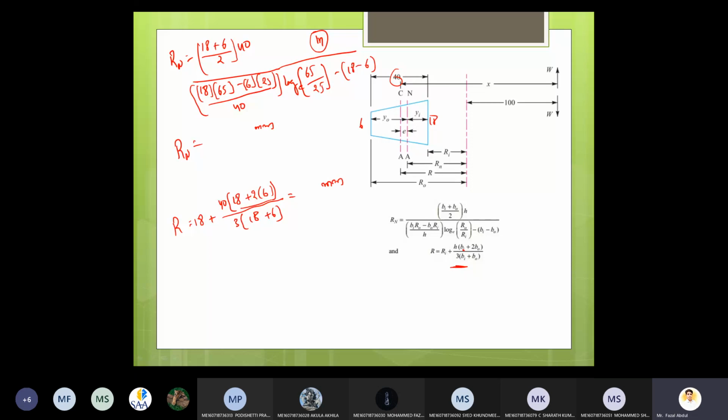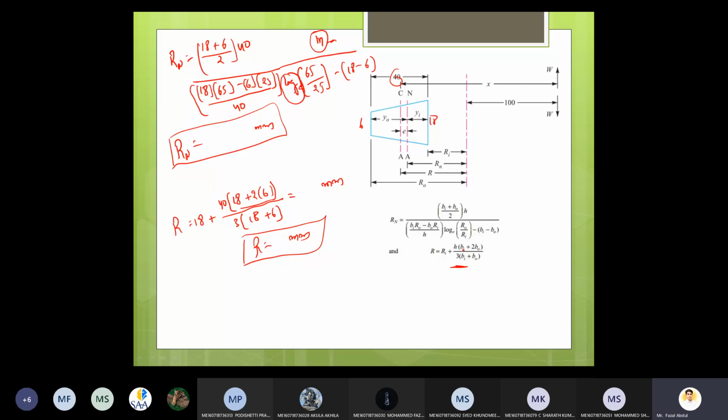Tell me the Rn. First tell me the Rn value. Then R. Substitute all the values in the calculator. See here, instead of pressing the log button, you press the ln button. Okay, so then only you will get the correct answer.